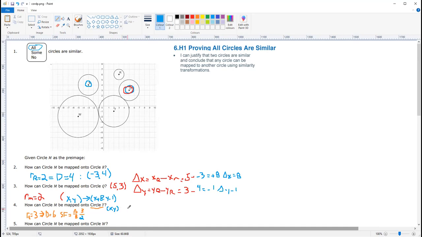And it's going to be all the points in the circle.